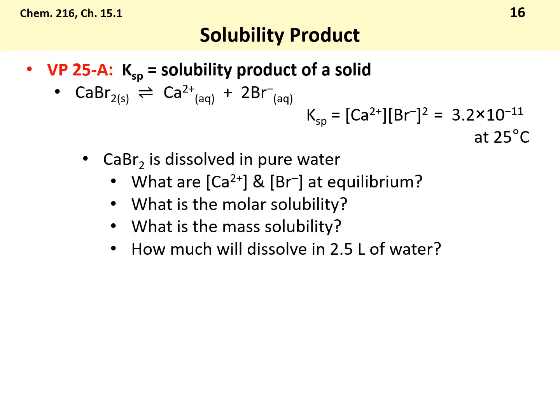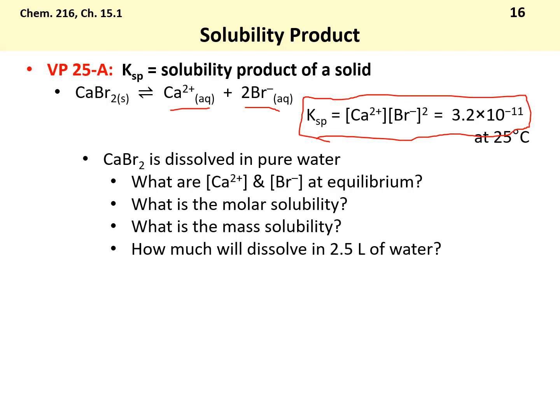All right, so that is looking at a KSP and a solubility product problem. Let's go ahead and have you guys do this one. This is video problem 25A. We're told we have CaBr2. When I dissolve it, I get Ca2+ and 2Br-. Okay, so this is my equation for KSP.